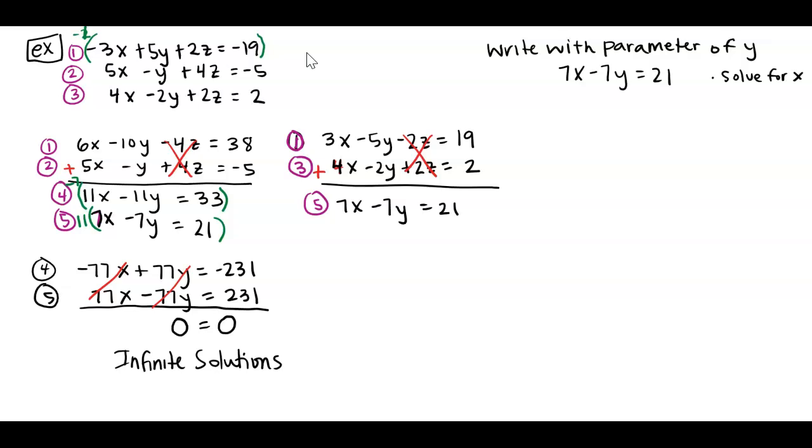Okay, so when I'm writing down my ordered triple here, let me solve this one. If I solve this for x, I'm going to add my 7y over, and that will give me 7x equals 7y plus 21. And then I'm going to divide everything by 7.